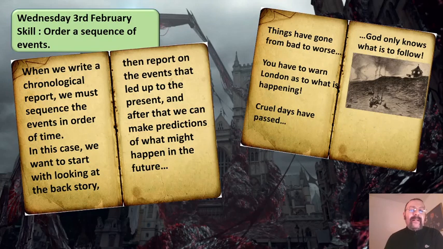And then you can also begin to make predictions as to what is going to happen in the future as well. Okay, so that's how we're going to structure our report. We need to mention what has happened in the past, mention what has led up to the present event, and then we can also make a prediction as to what might happen next.